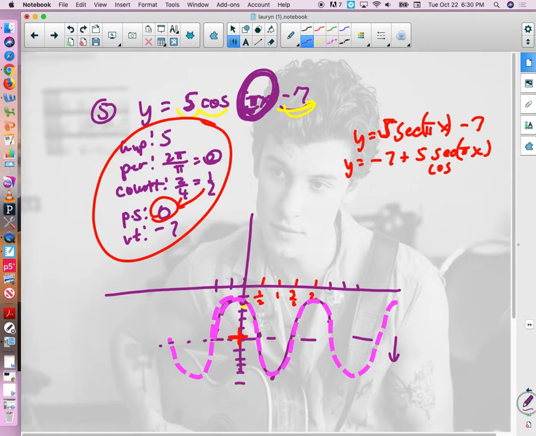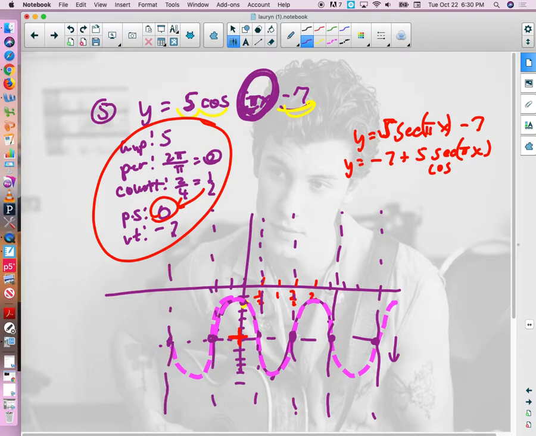Everywhere it hits the midline, it'll go off to infinity. Everywhere it hits the midline, you draw those. And then you meet at the height of the amplitude and stay within, following your asymptotes. You get these funny U shapes.